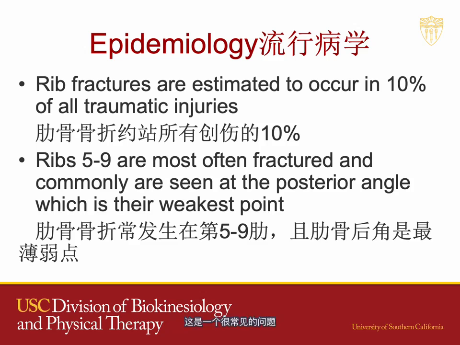So it's a pretty common problem, but again, we're usually not seeing them for rehab. The ribs that are most likely going to be fractured are ribs 5 to 9, and it's usually at the posterior angle. Just as the rib is coming around to the back, this is the weakest point of the rib, and so it's most likely where you're going to get your fracture.